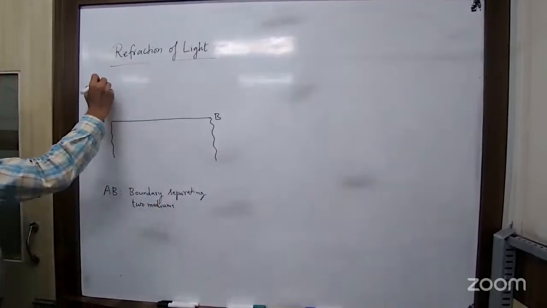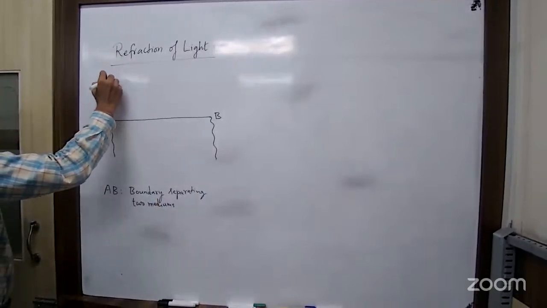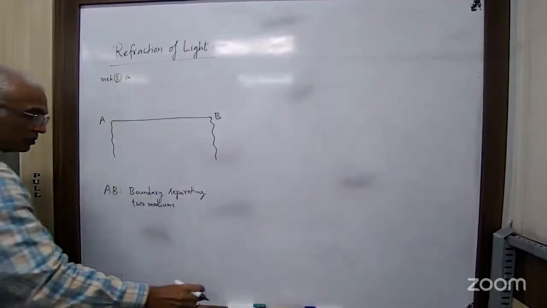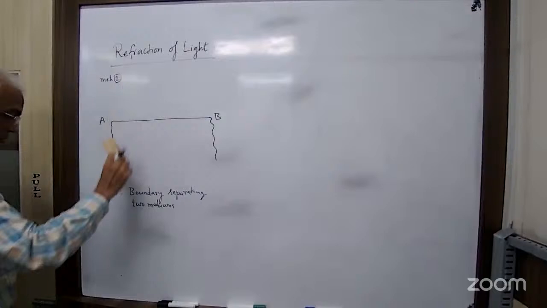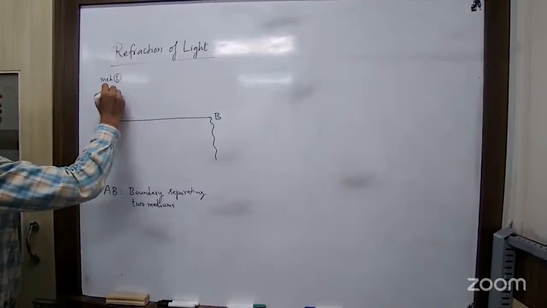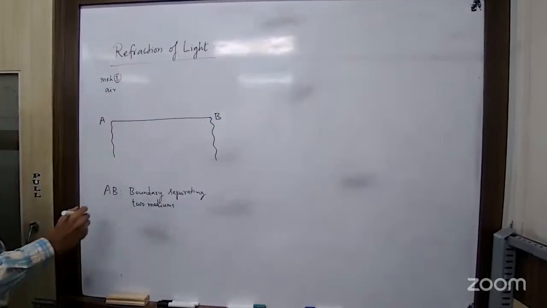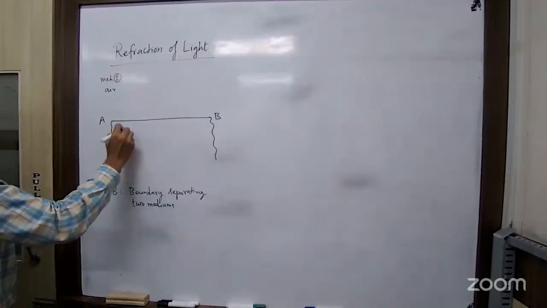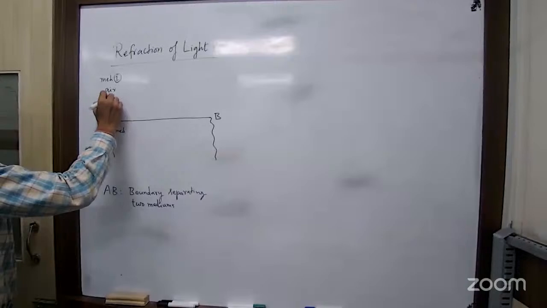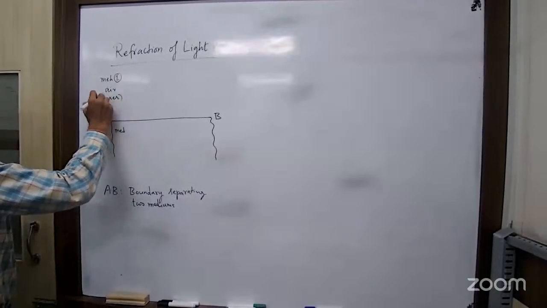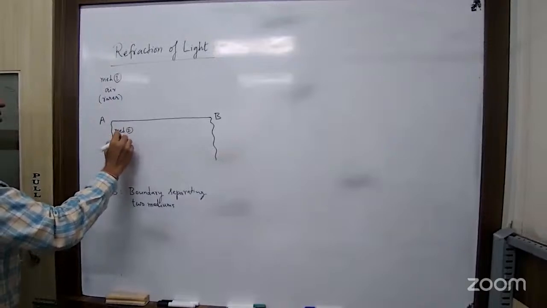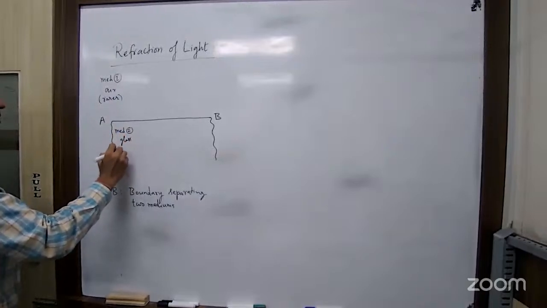The first medium is air, medium one. Medium two is water, or any denser medium. So air is the rarer medium, and medium two, let's say glass, is a denser medium.